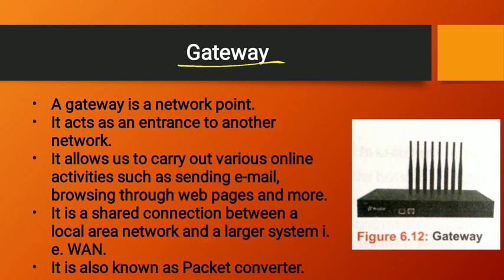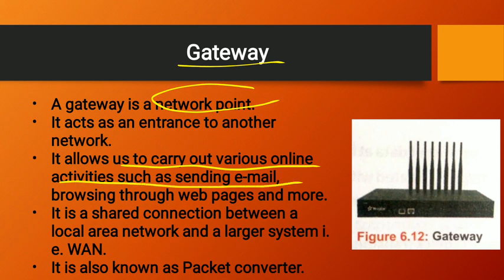Next component is the gateway. A gateway is a network point, or we can also say the entrance point, from where another network can come into the network. It allows us to carry various online activities such as sending emails, browsing through web pages and more.